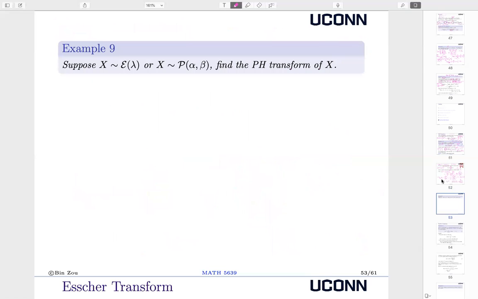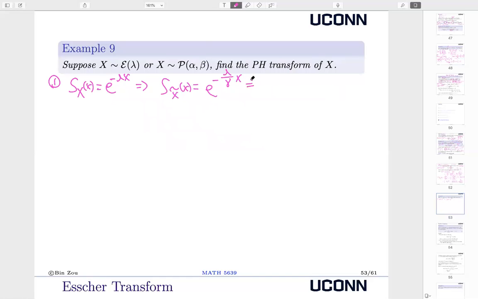So now let's do some exercises. Then we will close this video. For the exponential distribution, we know the survival function. So I can easily derive my new survival function, which is just e to the negative lambda divided by gamma times x.